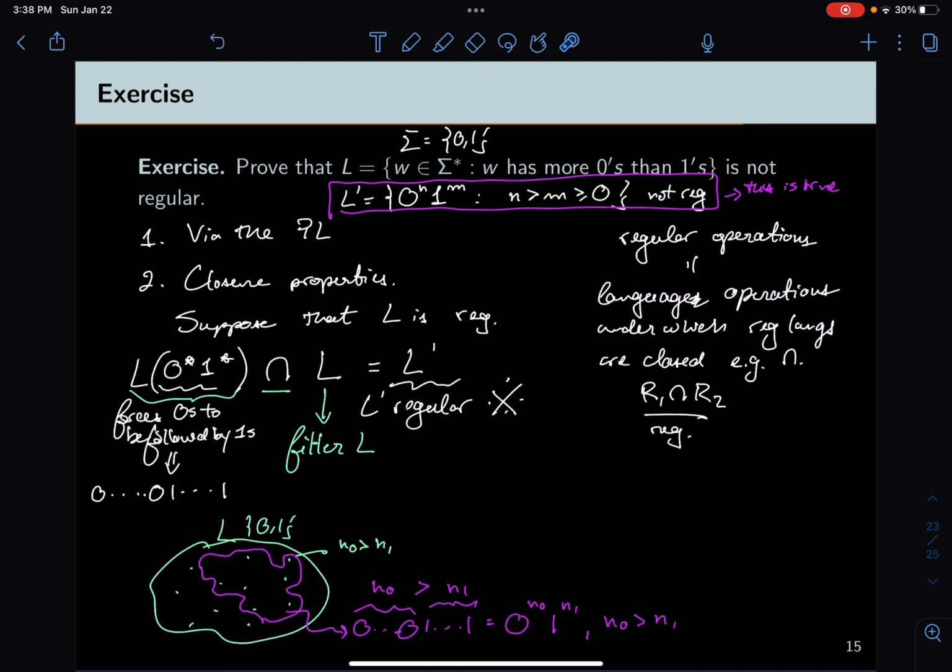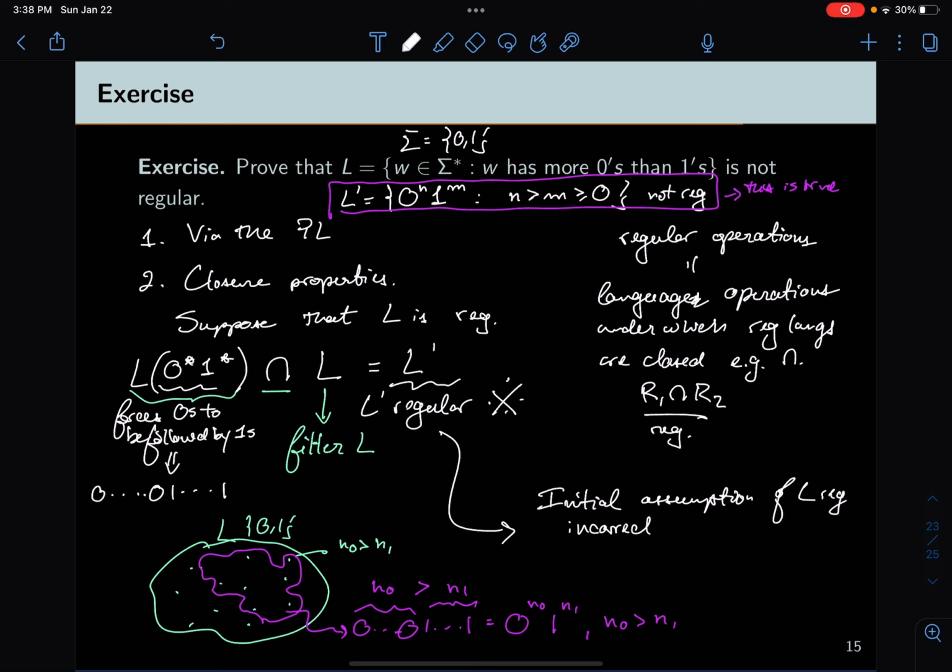So our initial assumption, that L was regular, was incorrect, which means that L is not regular. And that proves this claim. Okay, excellent.